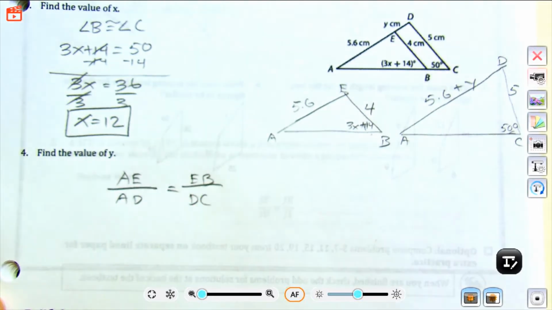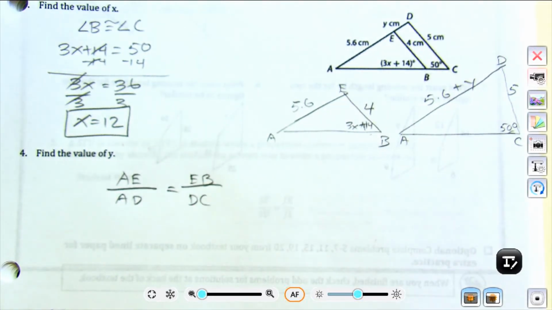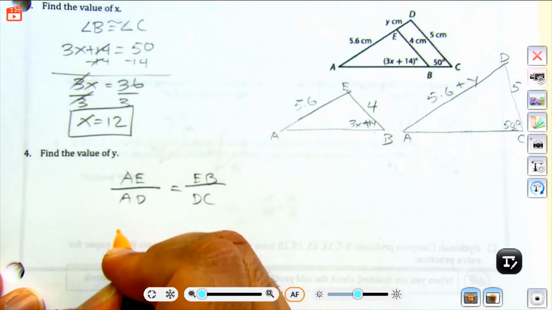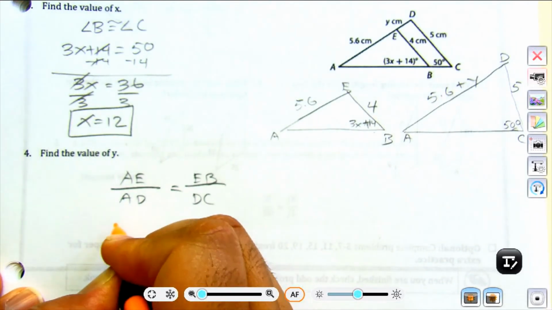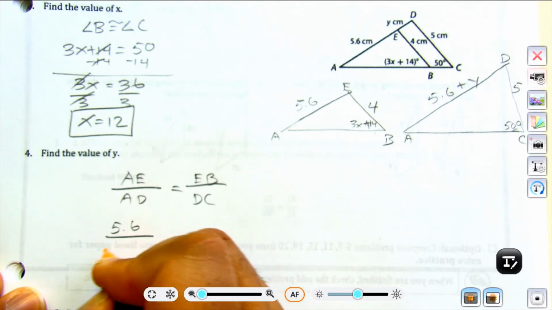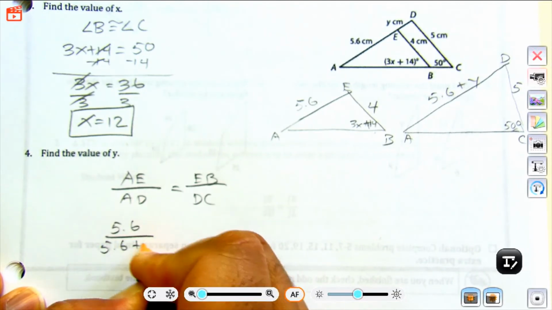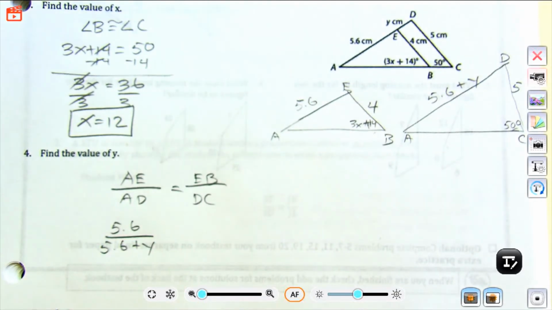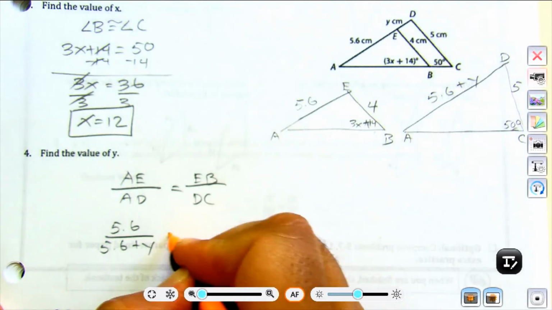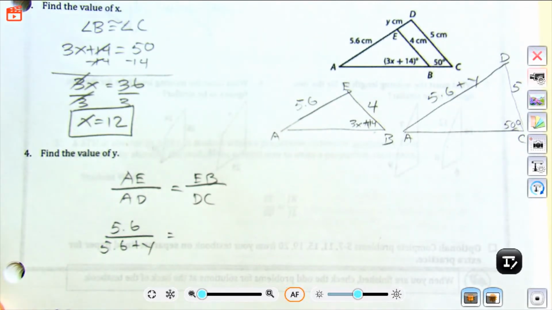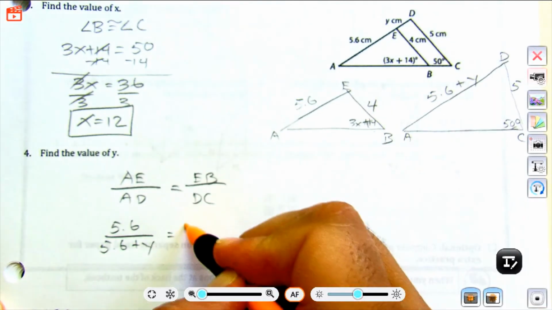Then let's substitute all the values. We have 5.6 over 5.6 plus y is equal to EB is 4, and then DC is 5.